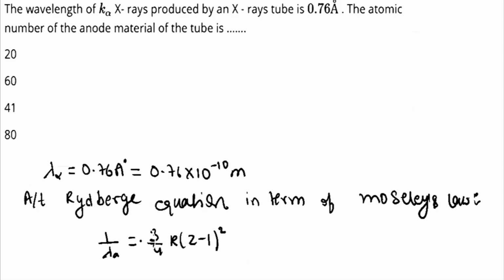So this is the formula where lambda is given. R is the Rydberg constant, whose value we know is 1.097 into 10 to the power 7. So we have to find the value of Z here.